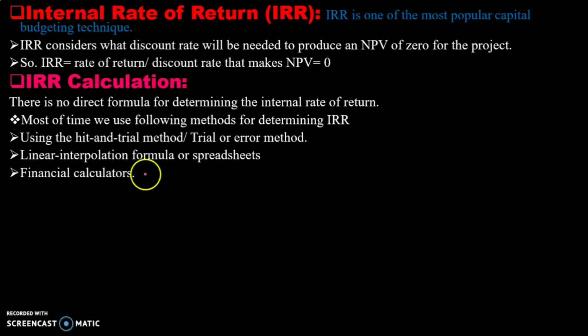Dear students, we cannot use a financial calculator and spreadsheet for calculating IRR. We only use the trial and error method for calculating IRR.